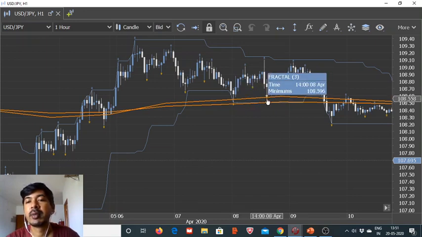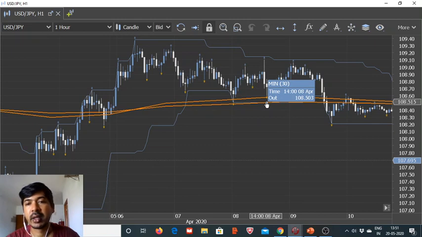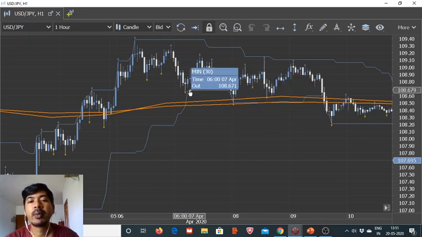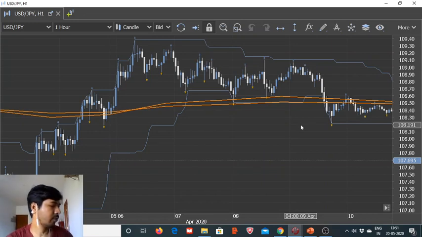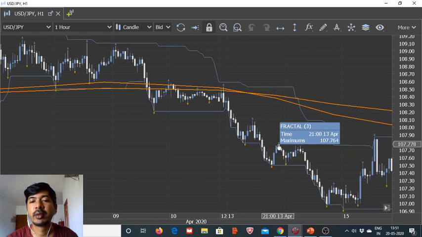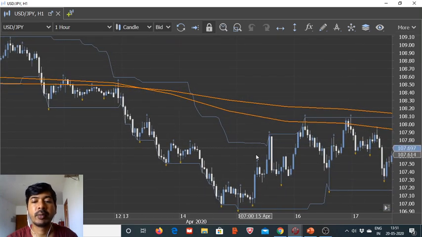The fractal minimum should be greater than the minimum of 30 hours, and also this minimum value should be less than the minimum value 29 hours back. That will mean consolidation and correction, both of those conditions have been fulfilled. So we bring in those conditions for our optimizing purpose.